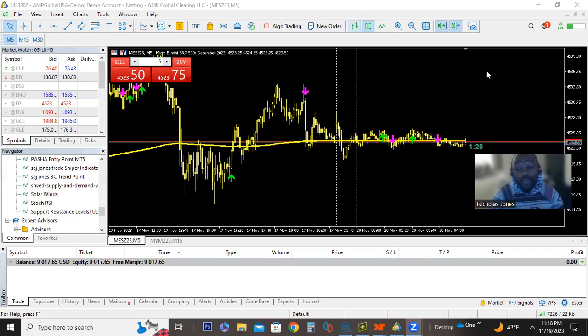So the difference between futures and the Forex market is essentially you're buying contracts and selling contracts. With Forex, you're buying and selling currencies. So your currencies are fighting each other. Your GBP is stronger than USD.